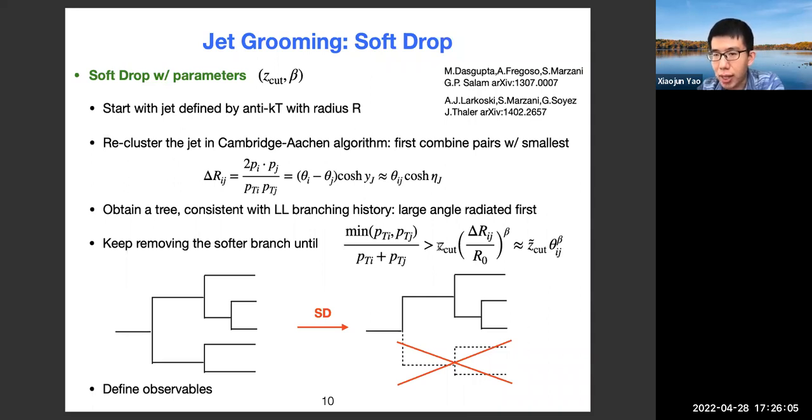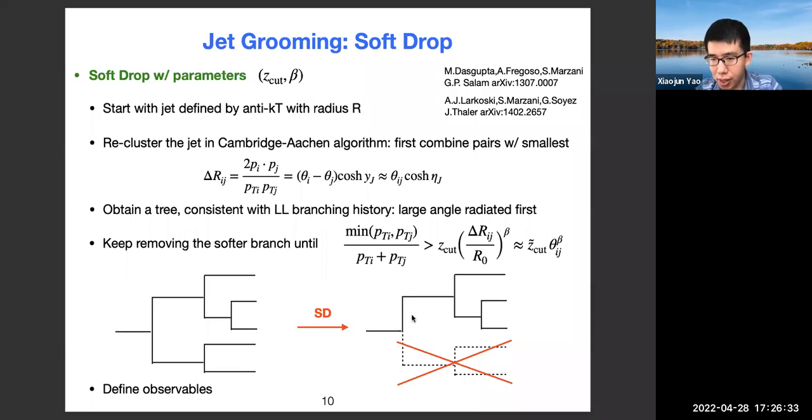And if this quantity is bigger than z cut times this quantity to the beta power, we terminate the soft drop grooming. And you can redefine quantities and write it in this way. So it depends on theta to the beta, squared, and times a kind of scaled z cut parameter here. If this condition is not satisfied, we just remove the softer branch and go to the next branching point.